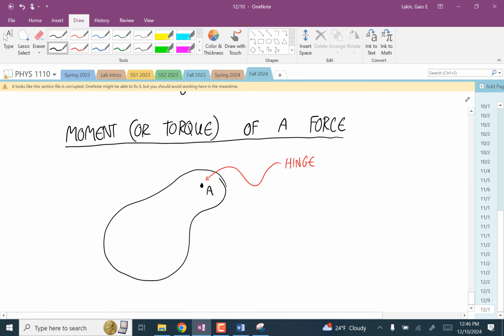And then somewhere else, there's a force applied. I'm going to say the place where the force is applied is P, and I'm going to draw a line here that goes from A to P.